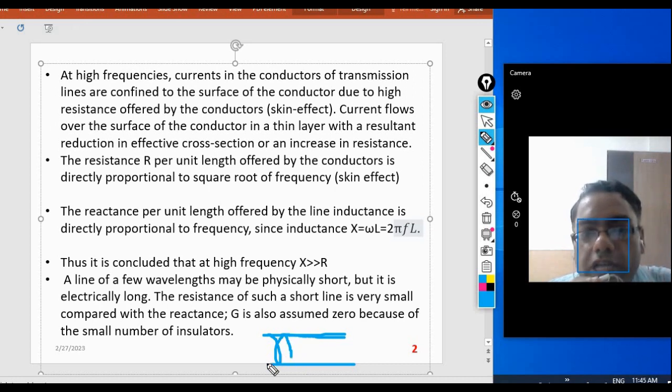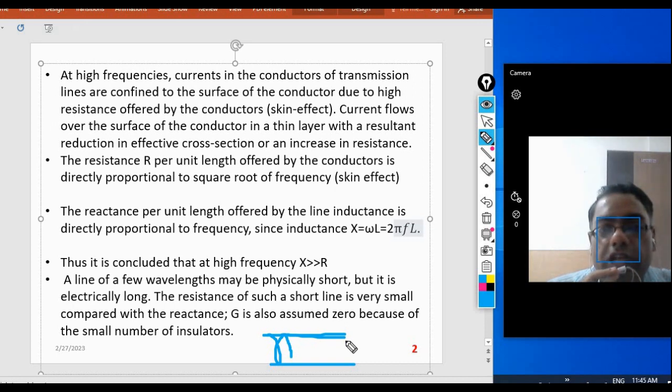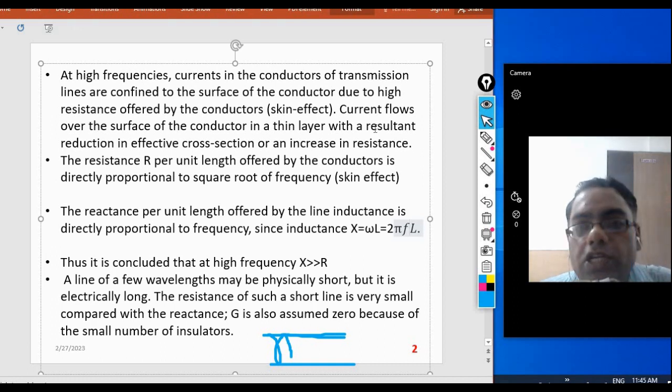So this small length of wire may cover several wavelengths, due to which the inductance will be high, but the R and G losses will be less. Thus it is concluded that at high frequency the line can be considered completely lossless, and this makes our analysis much simpler.